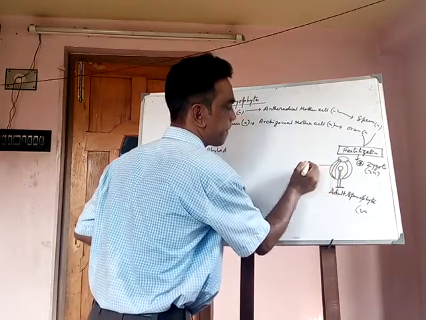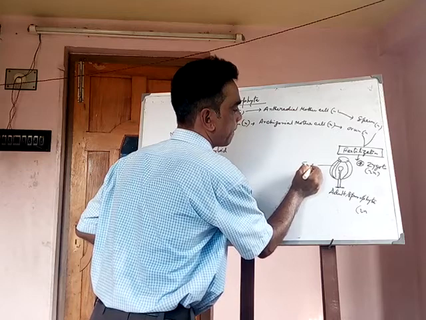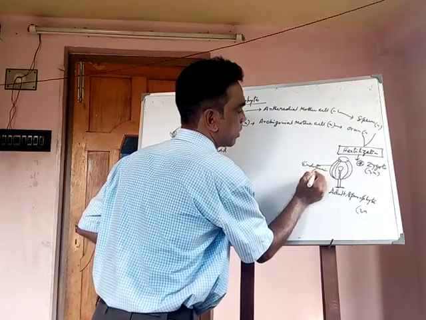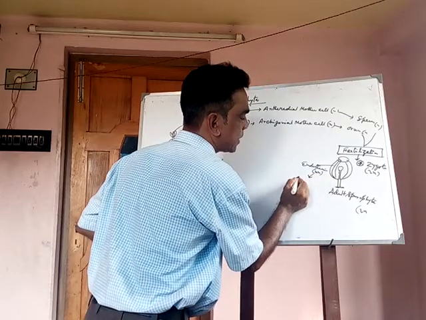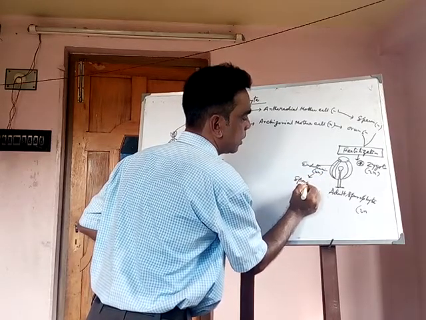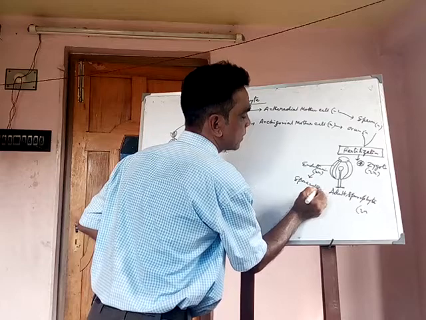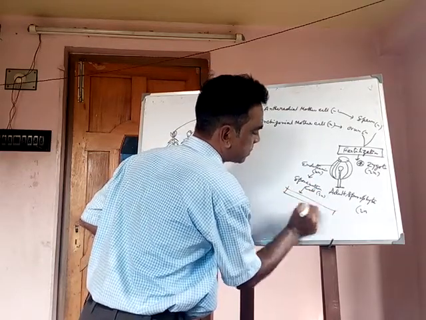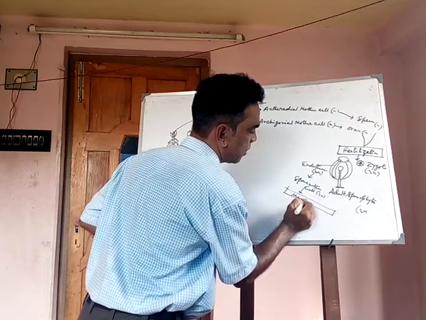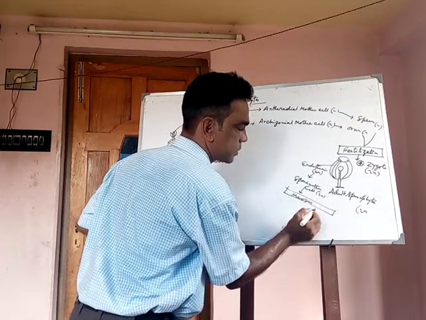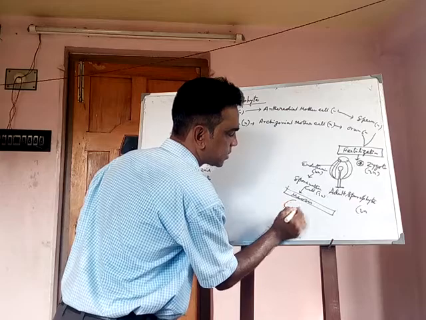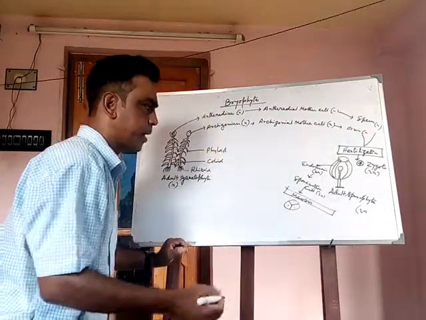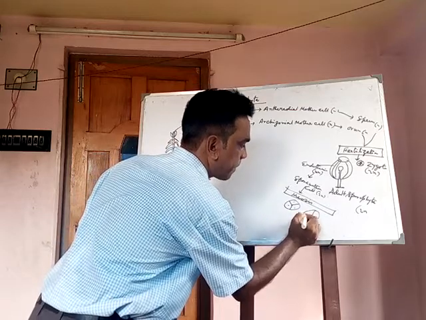Endothecium produces the spore mother cell, that is 2n, and after meiotic cell division, the spore mother cell produces spores, that is 1, 2, 3, and the other part is here.